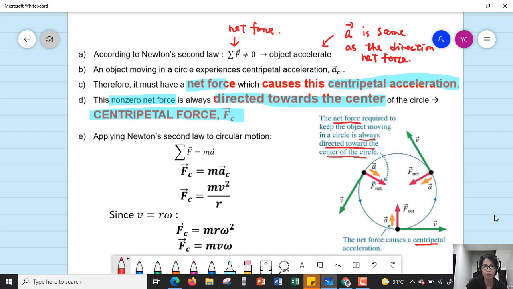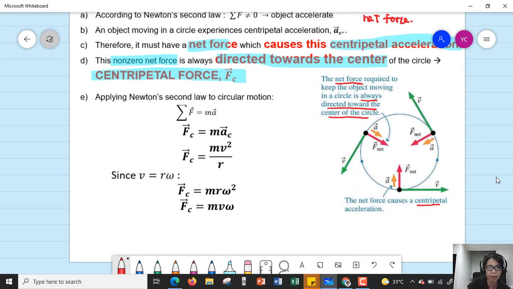So what is the formula to calculate centripetal force? We can apply Newton's second law to circular motion. The net force, or the summation of force, equals ma. For an object doing circular motion, we give this summation of force a special name, centripetal force, because the direction is always towards the center of the circle.